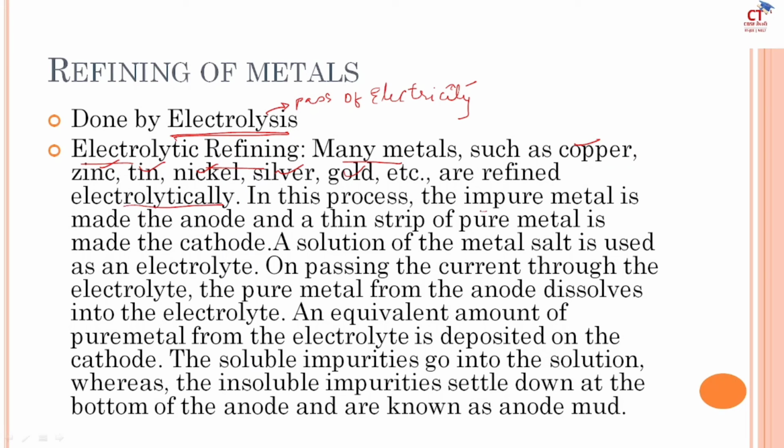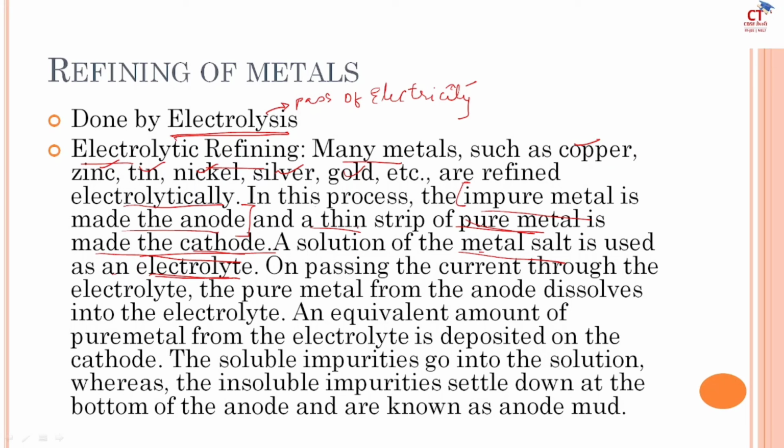In this process, the impure metal is made the anode, and a thin strip of pure metal is made the cathode, and the solution of metal salt is used as electrolyte.